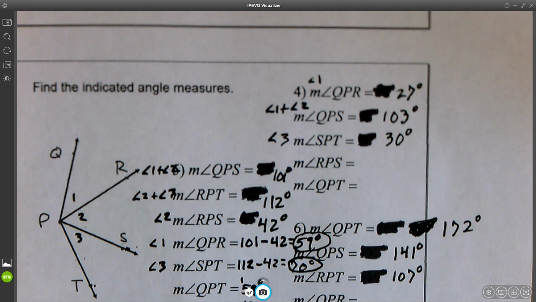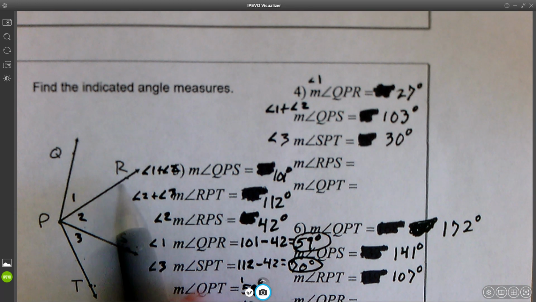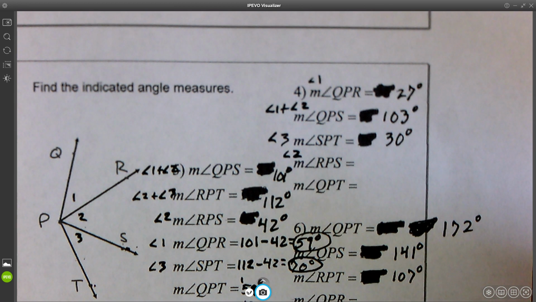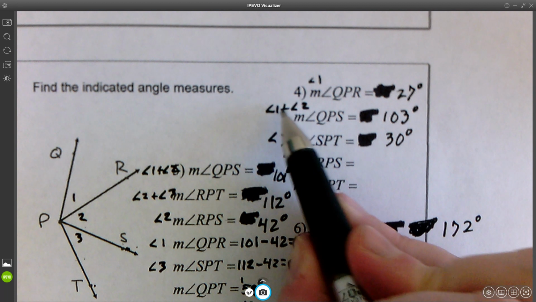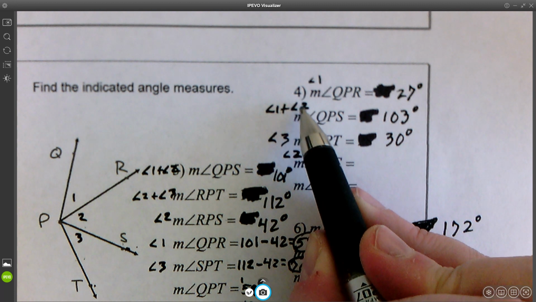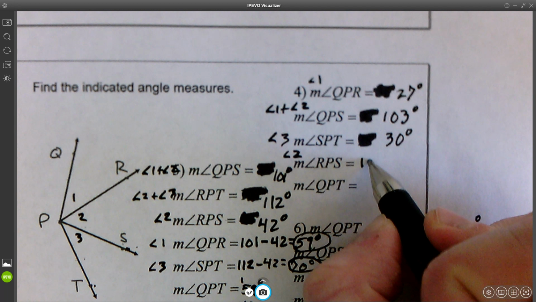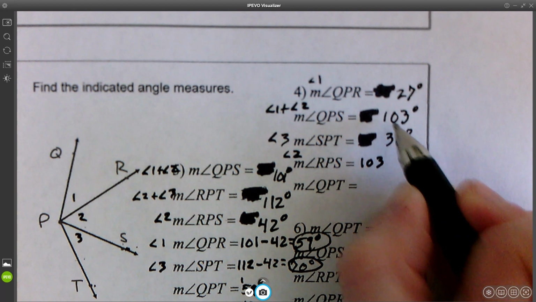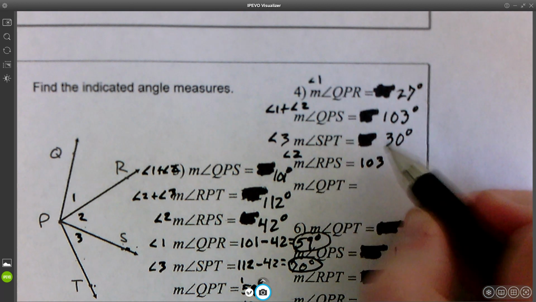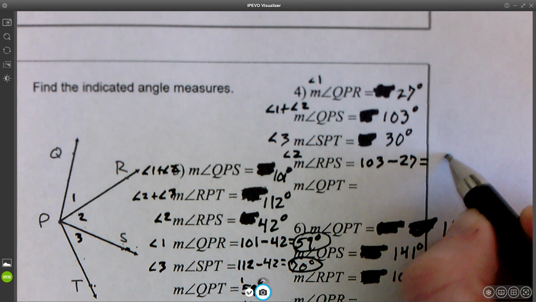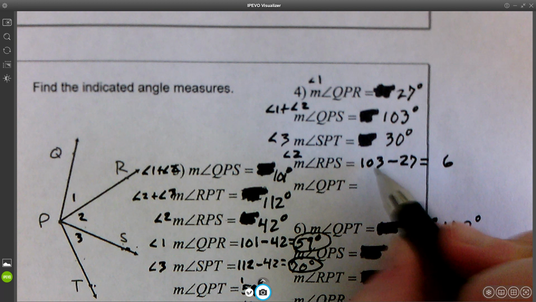We don't know what angle 2 is. So we need to figure that out. If we know that angle 1 plus angle 2 is 103, we take 103 and we subtract out angle 1. So that'll give us 76 degrees.